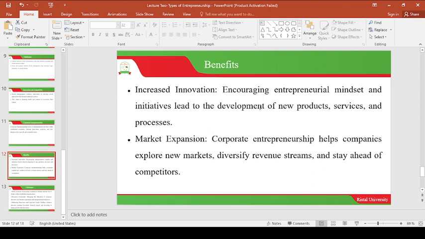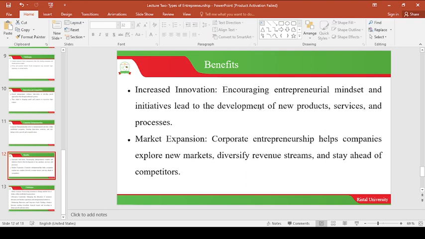Now let us look at the benefits of corporate entrepreneurship. It increases innovation. How does corporate entrepreneurship increase innovation? For example, if you have more than 10 people who are working in your organization and all of them are innovative, then you have a chance of being innovative. You're going to produce new products. Remember the definition of innovation.